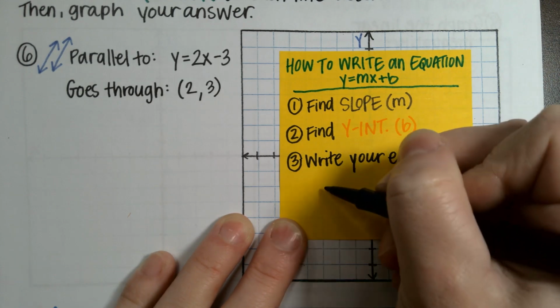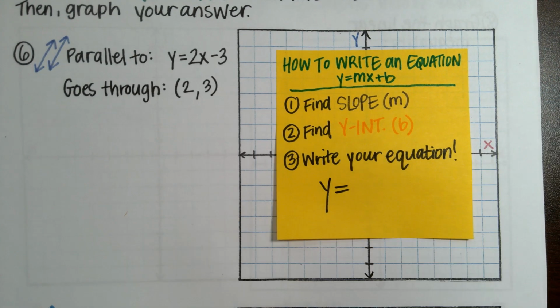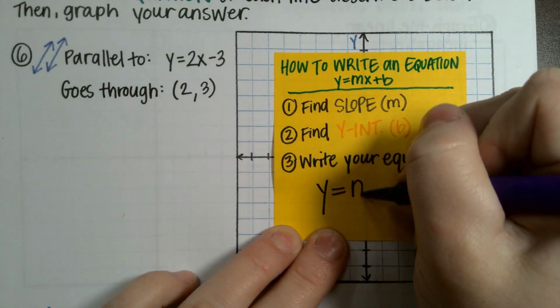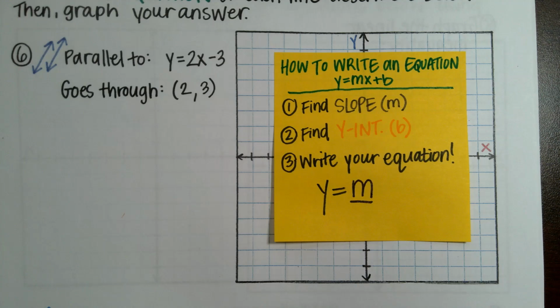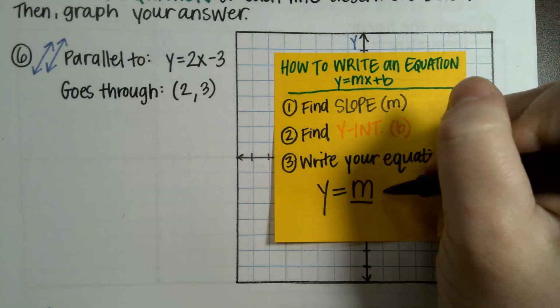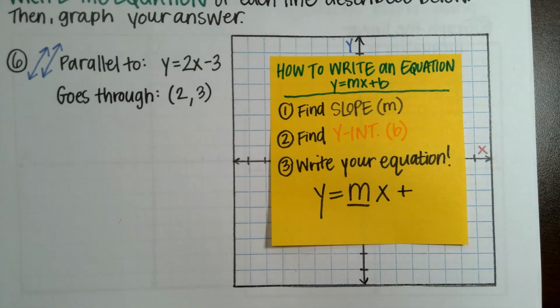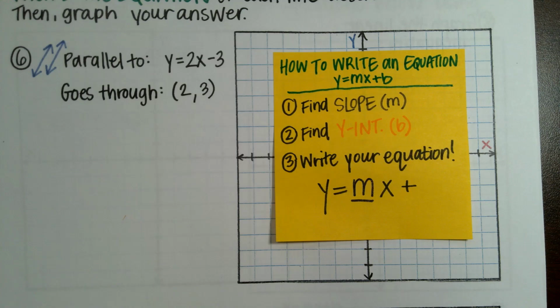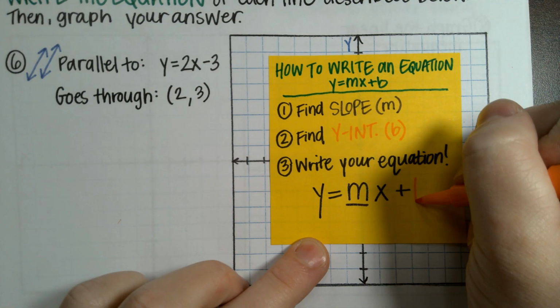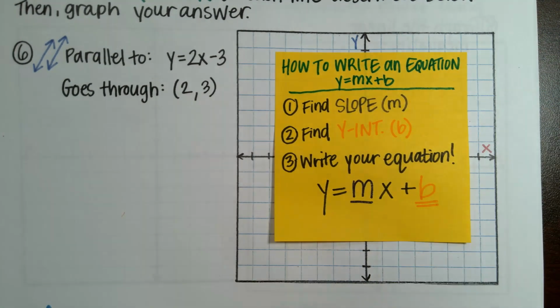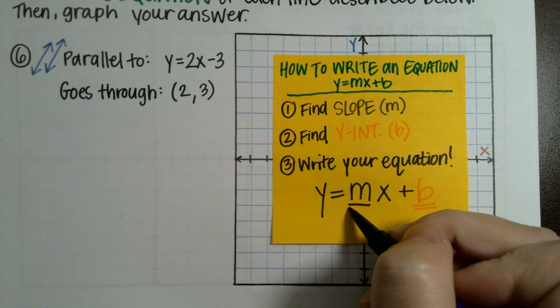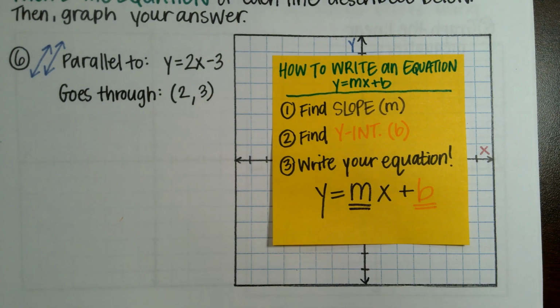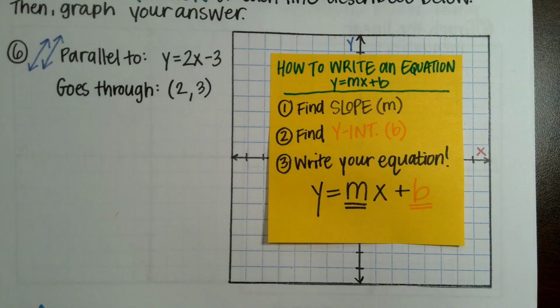Write your equation, and that equation is going to look like this. Y equals, you're going to have some number here for slope m, x plus, and then some number for b. So the only numbers that you need are values for slope and values for y-intercept. Your x and your y stay x and y.